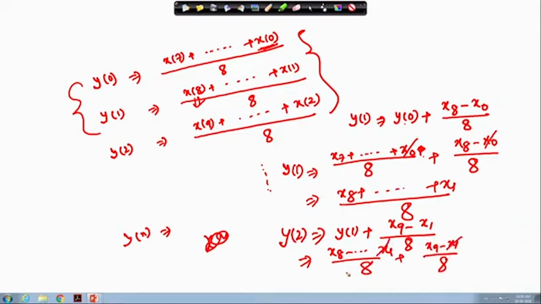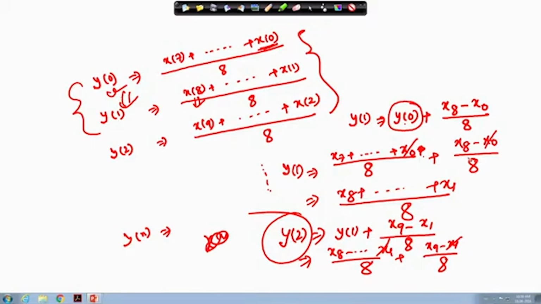So, x 1 is cut. So, x 9 to x 2 addition divided by 8. So, that is y 2. Now what I am doing is that the previously computed values of these samples are being used in the computation of the next sample, that means the next averaging of this circuit. Okay.